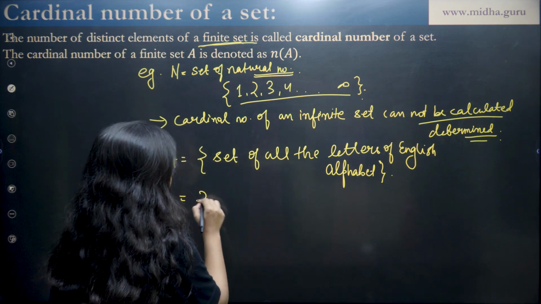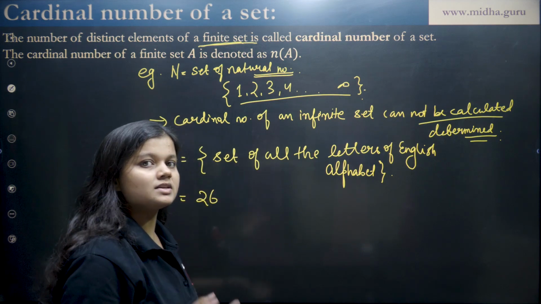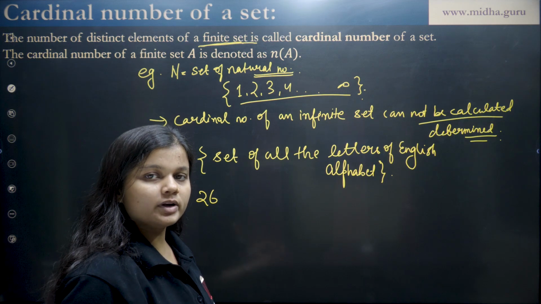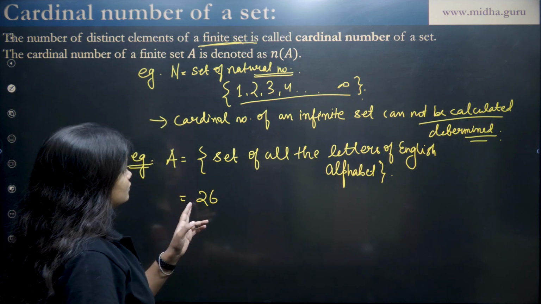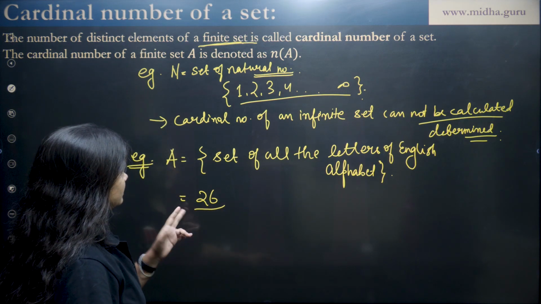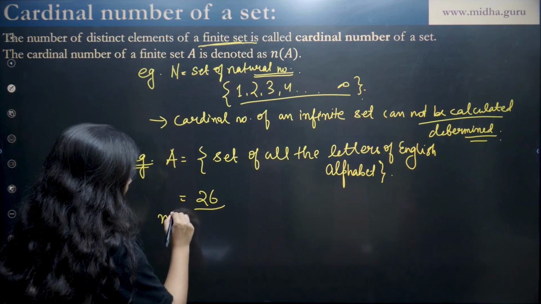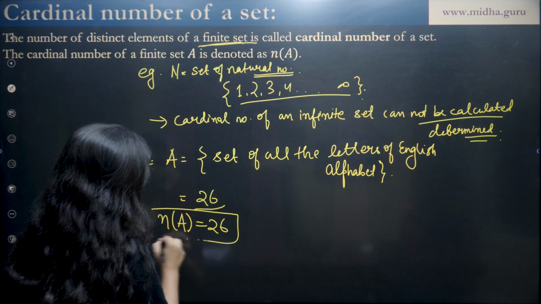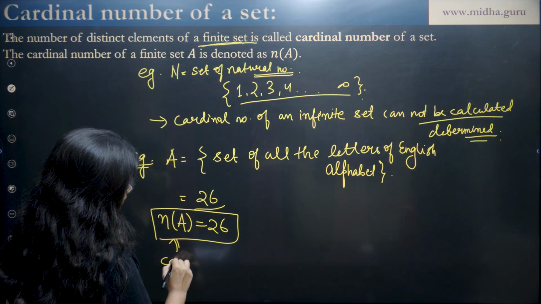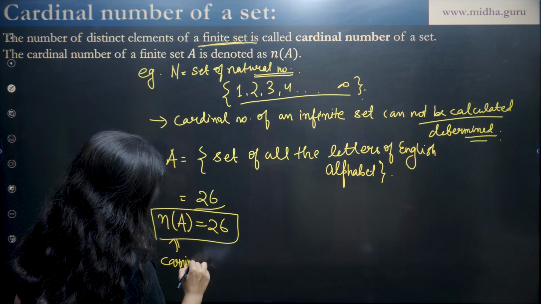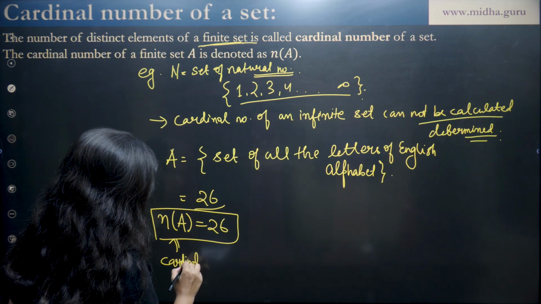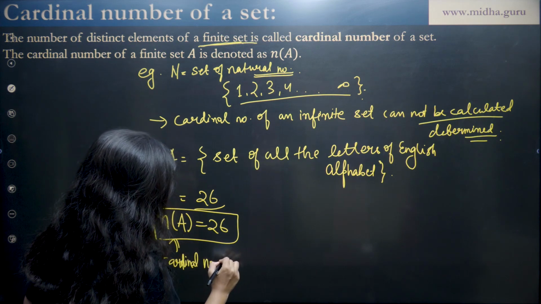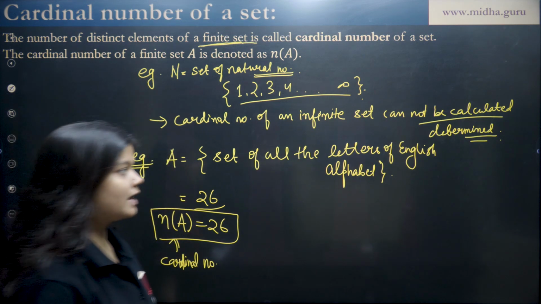Cardinal number for this is 26, because there are 26 letters in the English alphabet. So the cardinal number is 26, or we can write it like this: n of A is 26, where n of A is the cardinal number.